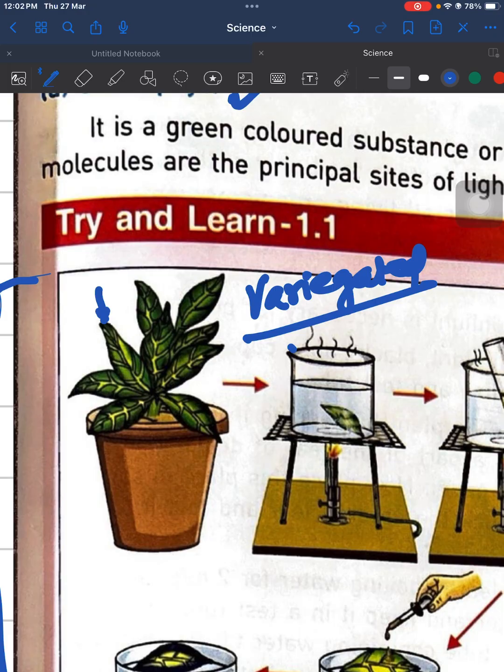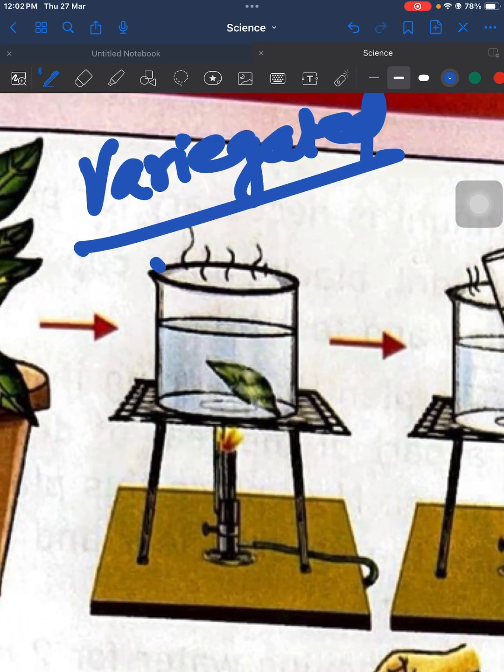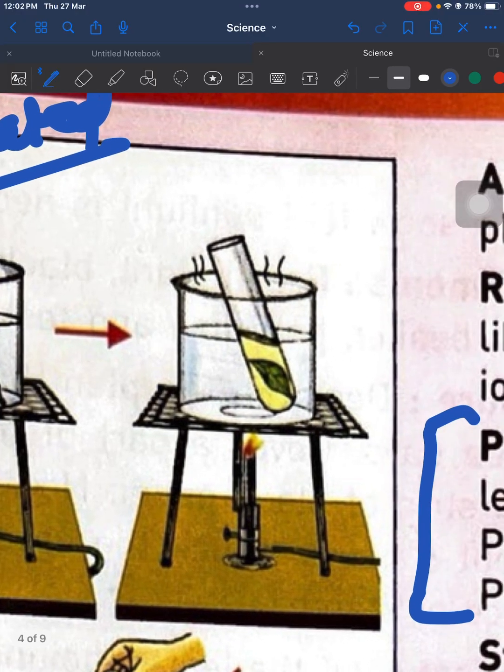Okay, so after keeping the plant in sunlight for 6 hours, we pluck the leaf, and we boil the leaf in boiling water for 2 minutes. Then we keep the leaf in a test tube having alcohol, in this yellow color.